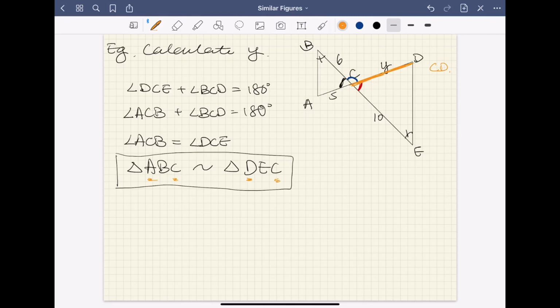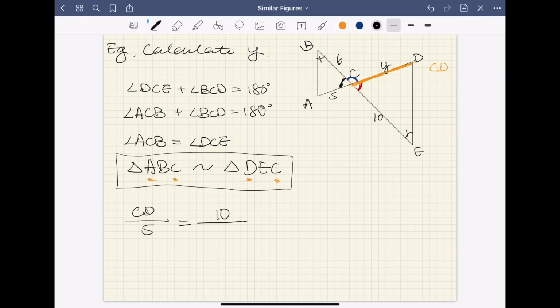Okay, now we can write down the equation. So we know CD is corresponding to AC, which is 5. So this must equal to, and another side we can use here is 10. We can only use 10 here. And 10 is in the same triangle as y, so it will be on top.